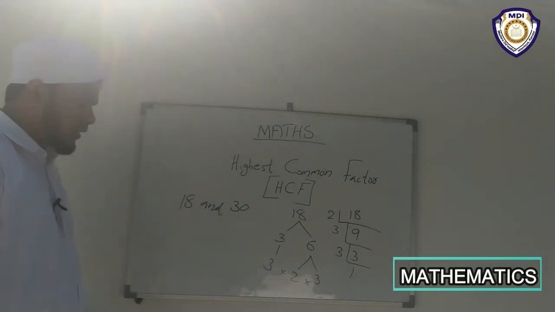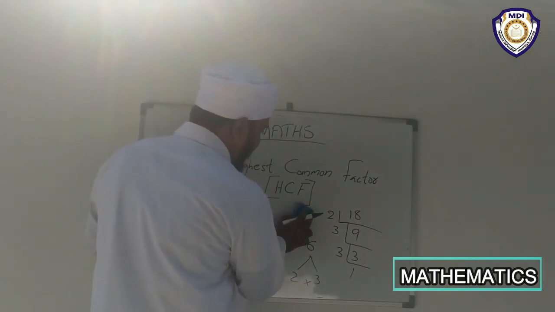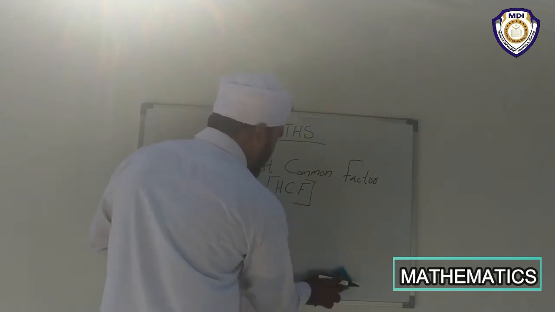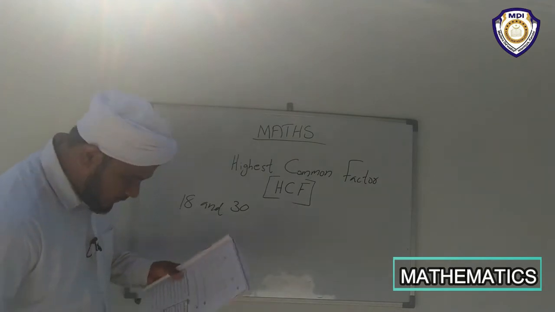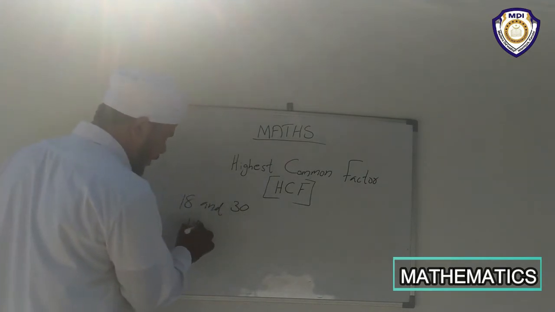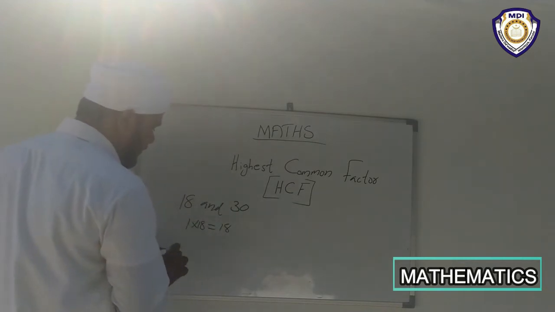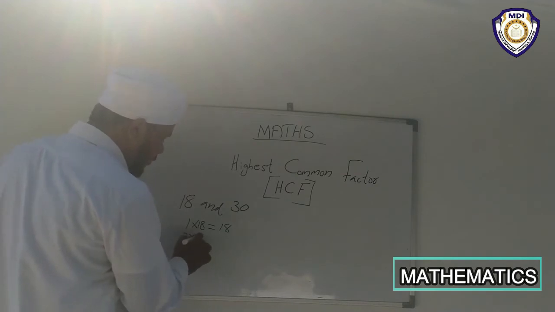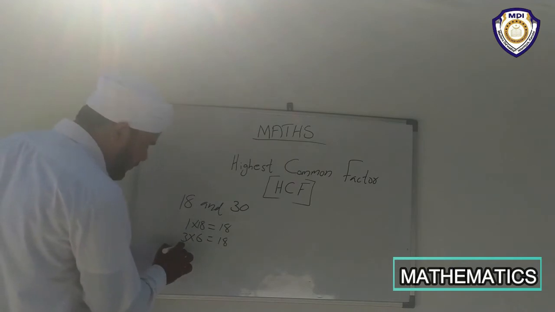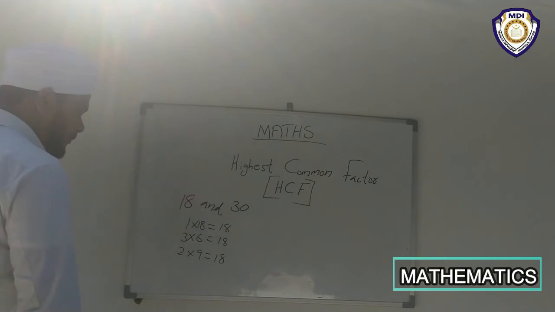Yes, then let us consider the factors of 18. The factors of 18: there is 1, because 1 into 18 is 18. Then 3 into 6 is 18. Then 2 into 9 is 18.